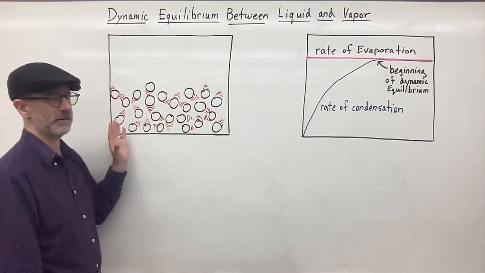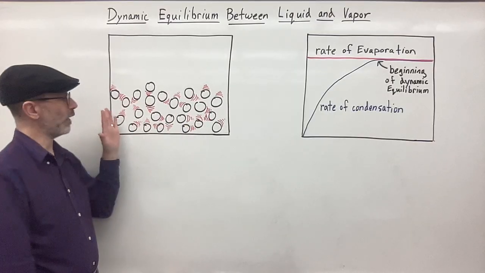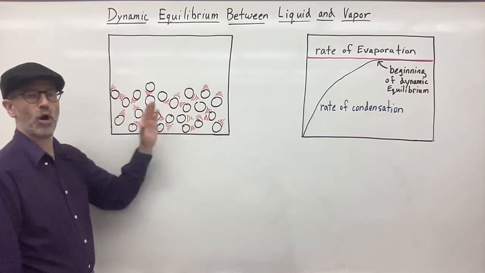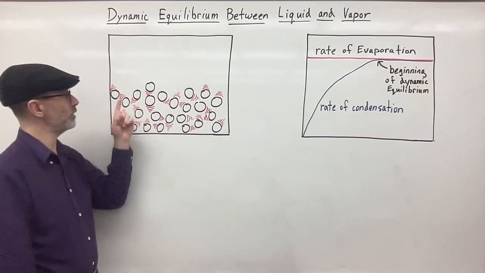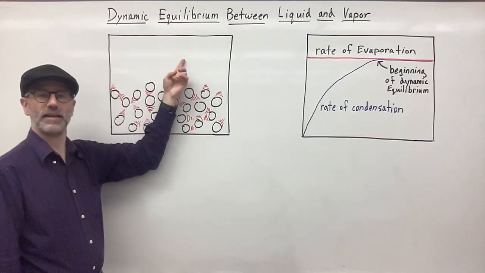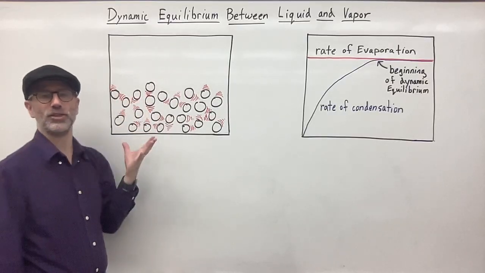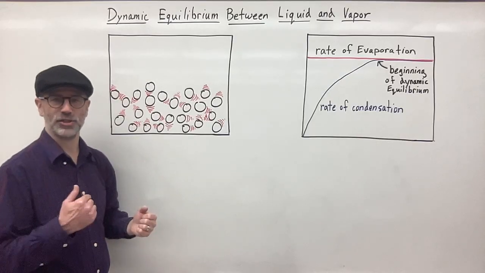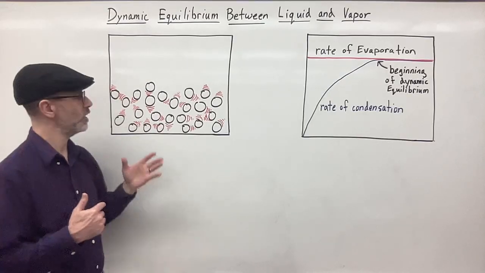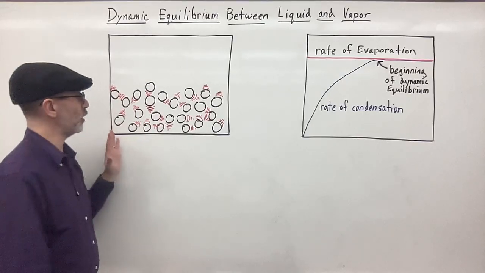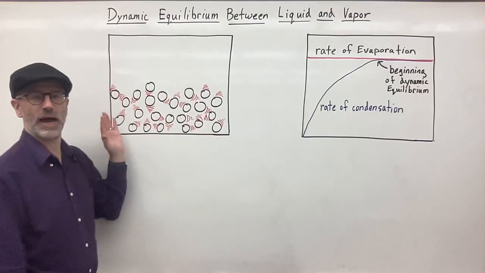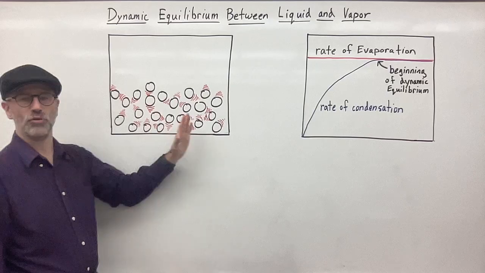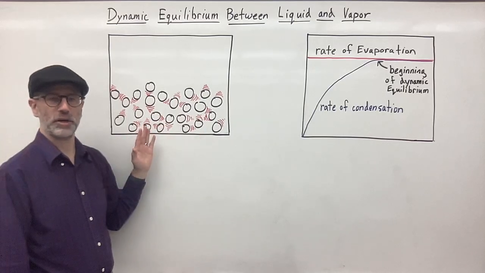In the beginning, the rate of evaporation is all that we're concerned about, because we don't have any vapor up front. So we can't talk about condensation, the opposite process. At the very beginning, all you have is liquid. You have no vapor, and so you have just evaporation occurring.